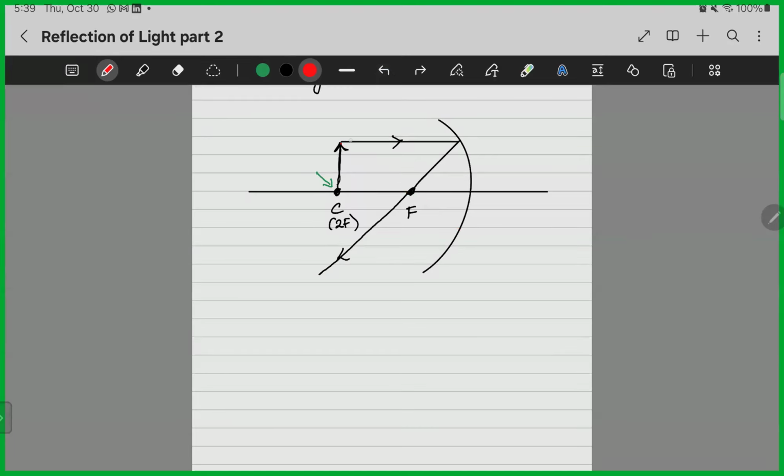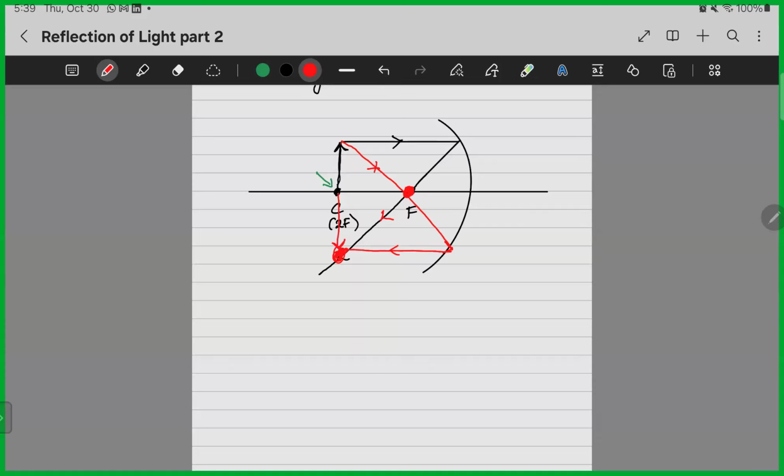Run it through this. Okay, this is my focus, and then I bounce it to here. If all my dimensions are correct, the image is formed somewhere here. This one is coming like this, this one is coming like this, this one is coming like this. And that point where it is formed is definitely going to be the center of curvature as well.